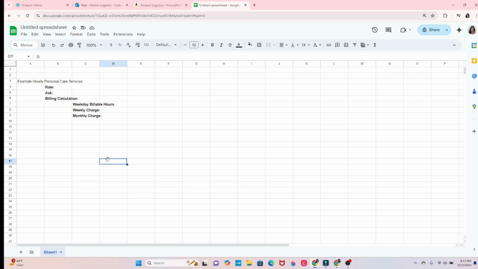So this one, we're just going to go ahead and say that the rate is $25 an hour. Now, I wanted to mention these rates are me just putting a number out there. You're going to create your rate based on your market research, including what other local agencies are charging around you, and then of course determining what your actual rate will be. So for the purposes of providing an example, I have come up with the rate of $25 an hour.